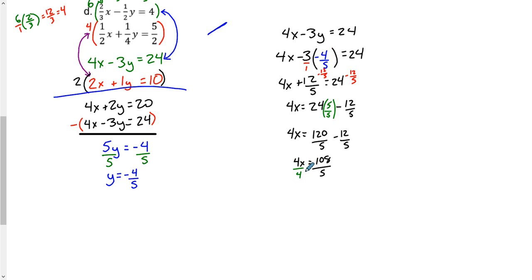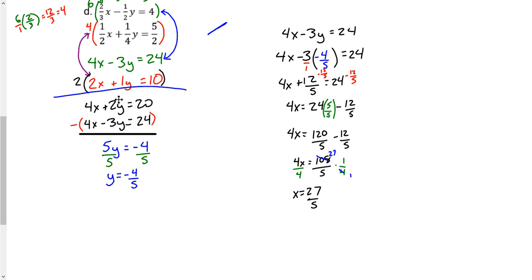Divide by 4. Well, dividing by 4 means multiplying by 1/4. I'm pretty sure I can reduce these. 4 goes into 4 once, 4 goes into 108 27 times, which means x should be 27/5.